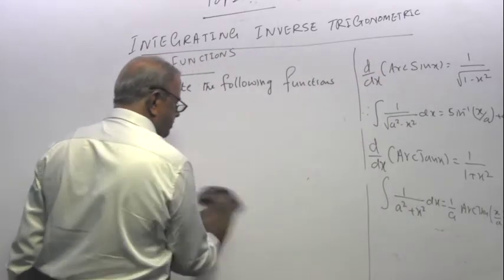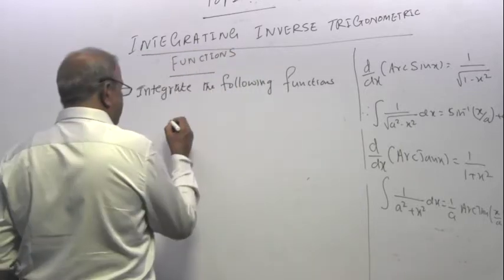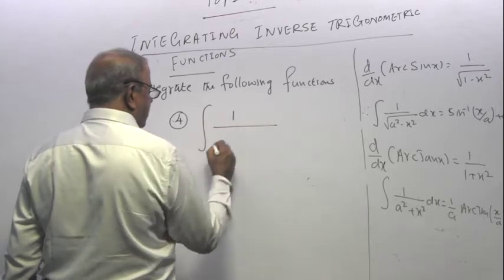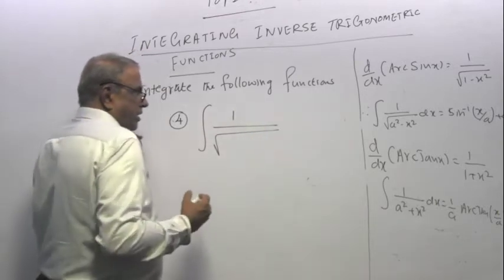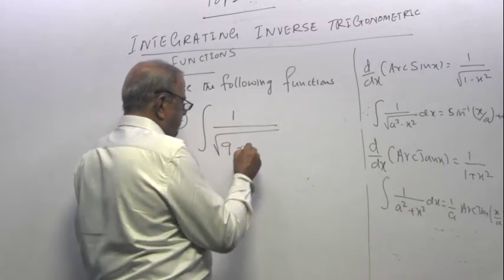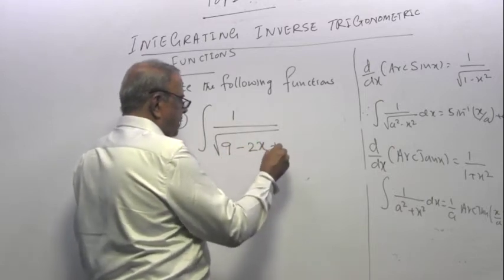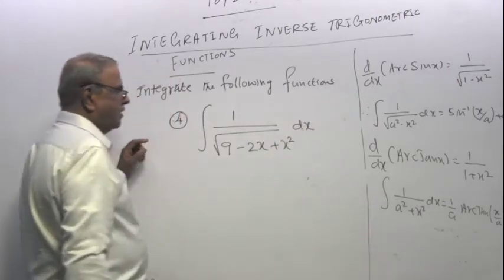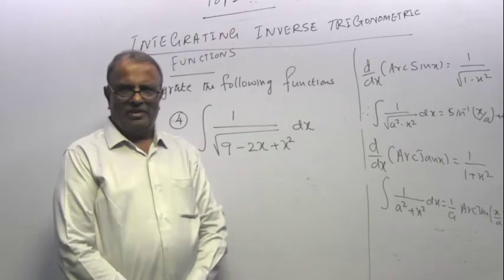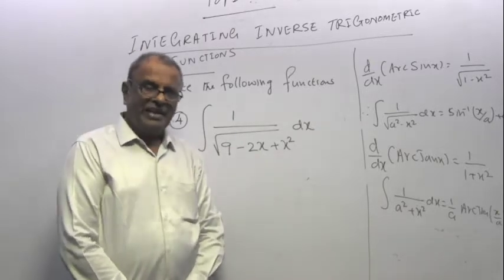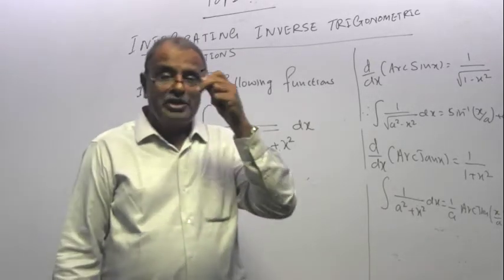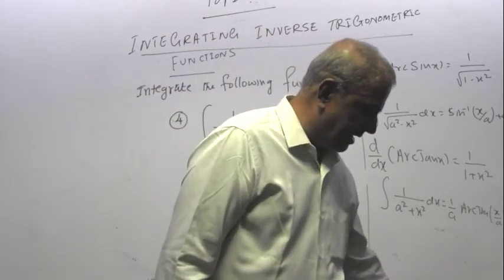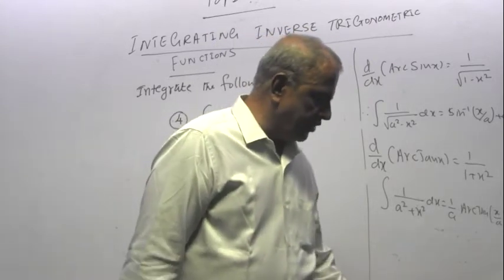But then I have 2 more examples to make life more difficult. Example 4, integral 1 over square root 9 minus 2x plus x squared dx. This doesn't resemble any one of those. We don't start integration or differentiation unless we have finished algebra and trigonometry.